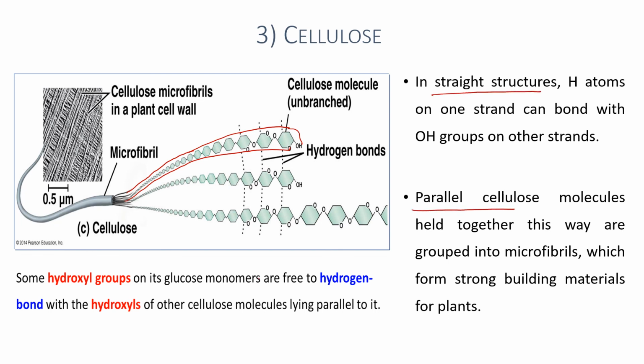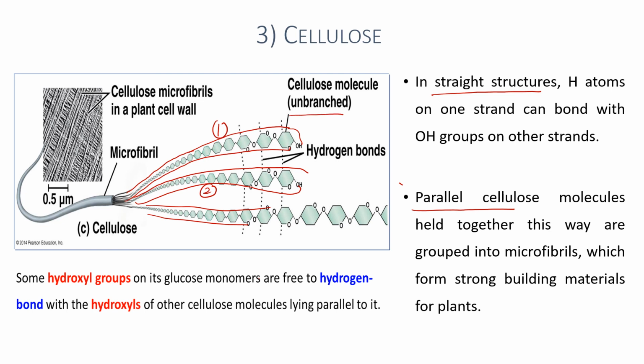This is one cellulose molecule, adjacent to it is the next cellulose molecule, and then the next. These straight cellulose molecules are unbranched.